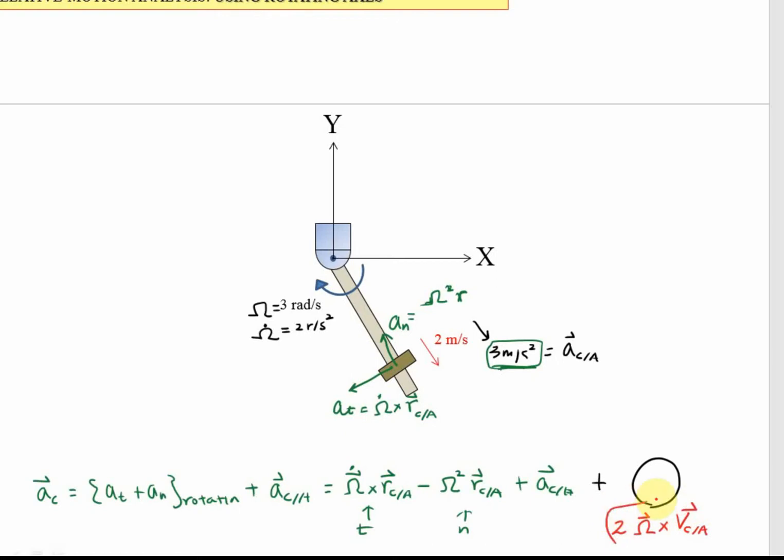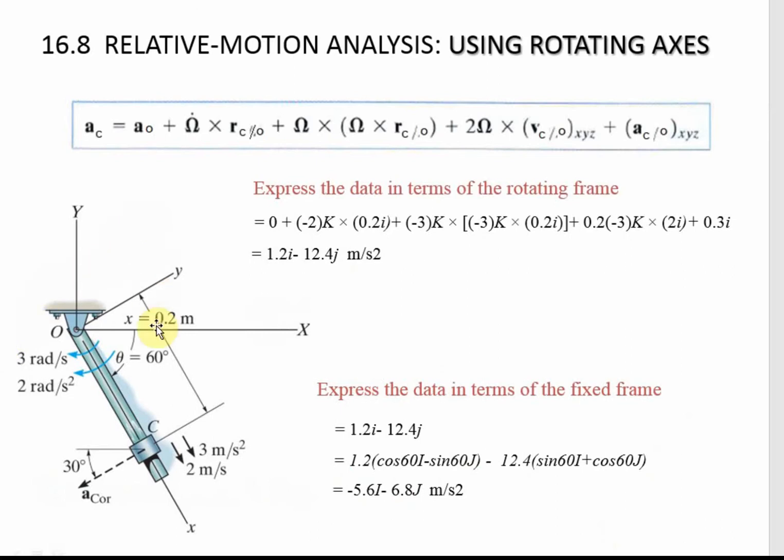So this term explains the velocity change due to the rotation, and we call this the Coriolis term. So right now we included this acceleration term here.